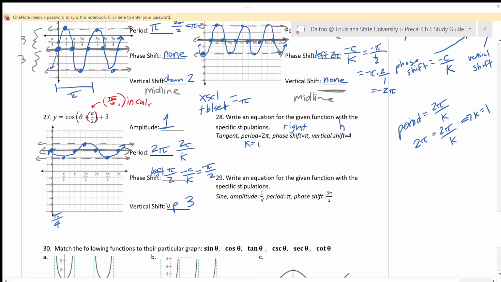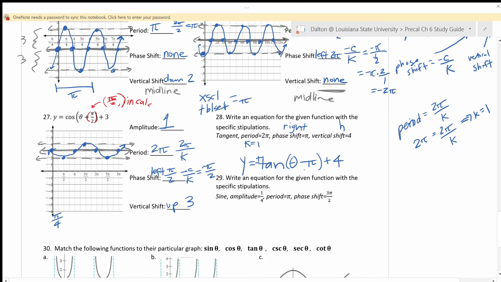So this equation would be y equals, again, I have no amplitude change, so just the tangent. And actually, I should write plus or minus the tangent, because amplitude a could be 1 or negative 1. So plus or minus the tangent of, I have no k, or k is 1, so I've just got theta. If it's to the right pi, then that means I'm going to have minus pi in parentheses. And then a vertical shift of positive 4 means plus 4.